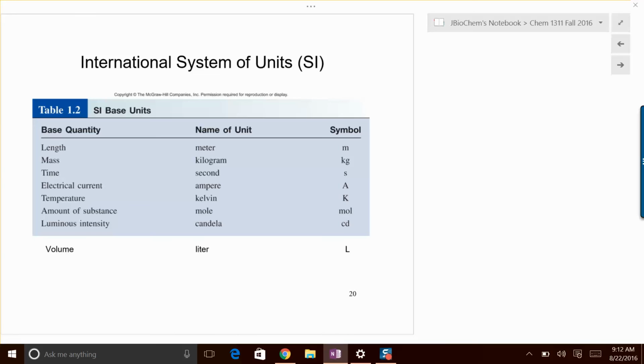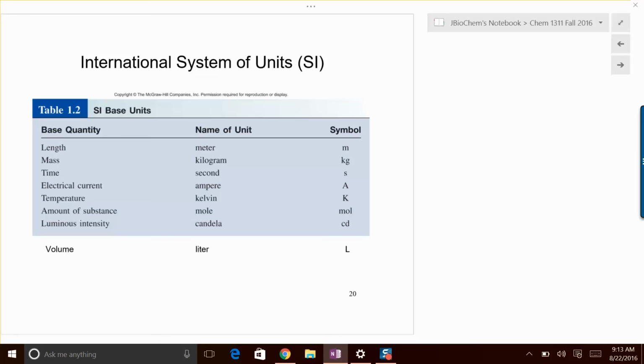Okay, but I can easily change that meter to be 1,000 times it and make it a kilometer. Okay? Or 1,000 less than it and make it a millimeter. But it all relates back to that base amount, that base unit of the meter, the kilogram, the second, the ampere.